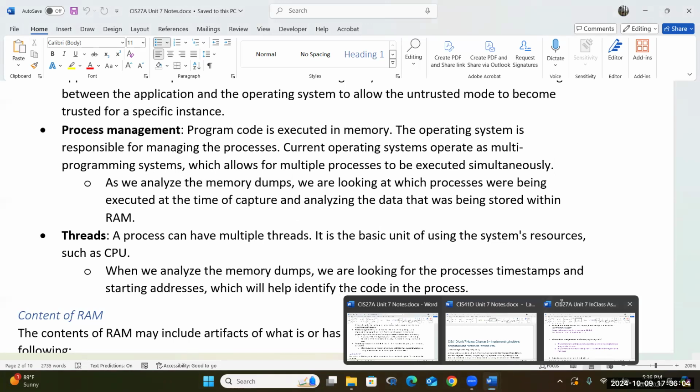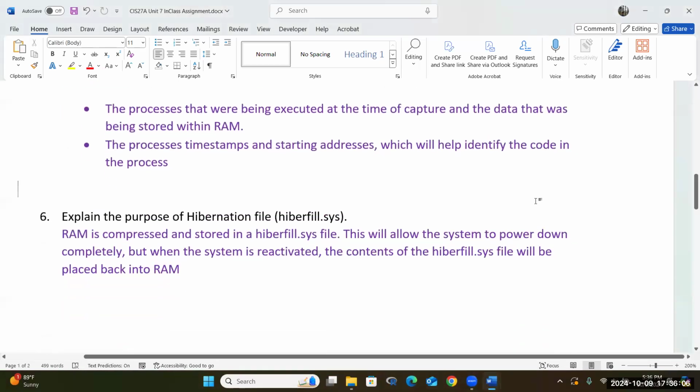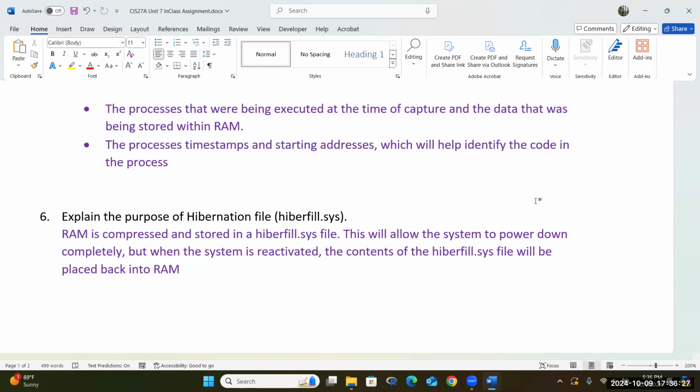Okay, so let's answer these questions. Number 6, explain how the hibernation file works. So when you use Windows and you set your system into hibernation, right? When I put it in hibernation, it does a few things. It doesn't consume power. It puts my system in temporary sleep, but it remembers what you have open, right?